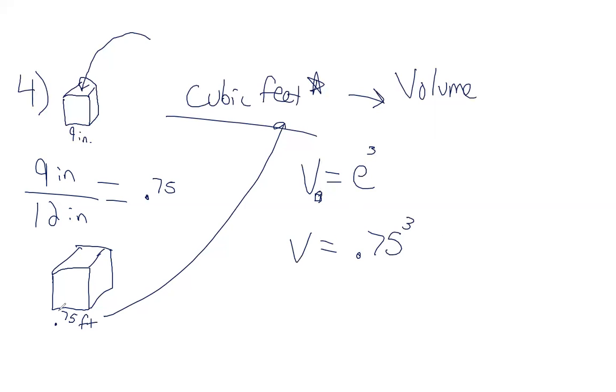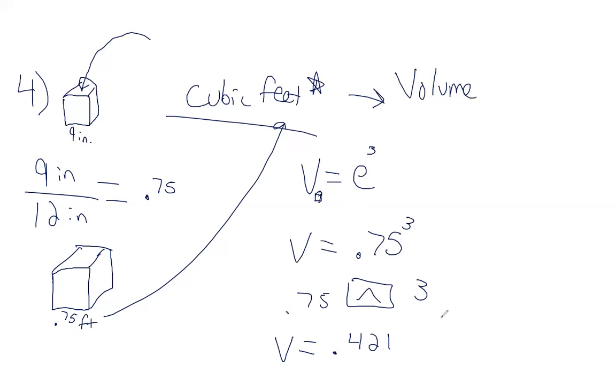So if we type that into the calculator, you're going to hit 0.75, and then hit the caret key, and then hit 3 for to the third power. So 0.75 to the third power. And you're going to get a decimal. So the volume equals 0.421.